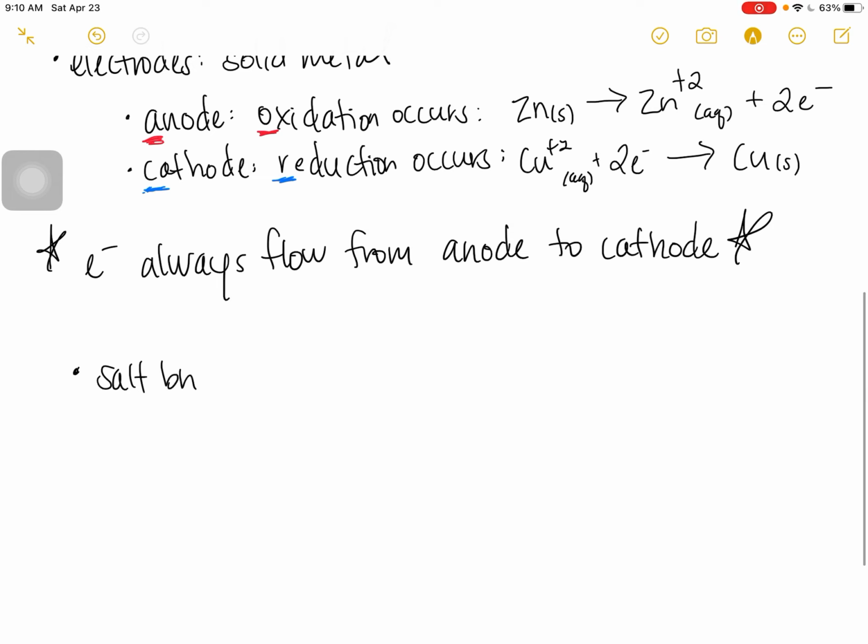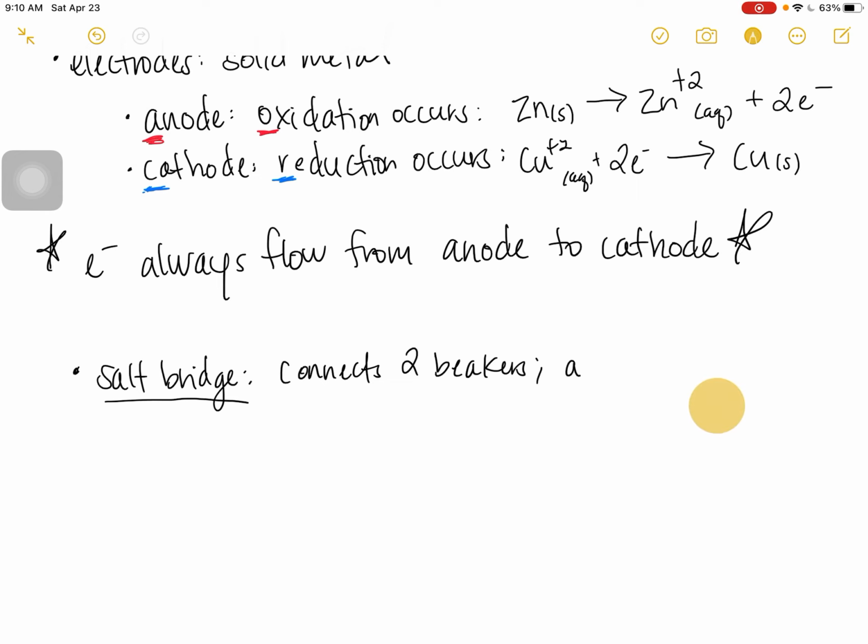And then I'm going to come down here and talk about the salt bridge. In fancy electrochemical cells, a salt bridge is like a U-shaped glass piece. It could actually be something as simple as a piece of string that connects beaker 1 with beaker 2. So we'll just say it connects the two beakers.